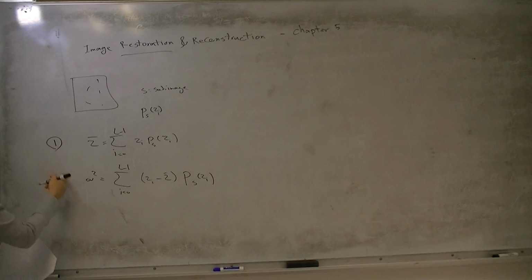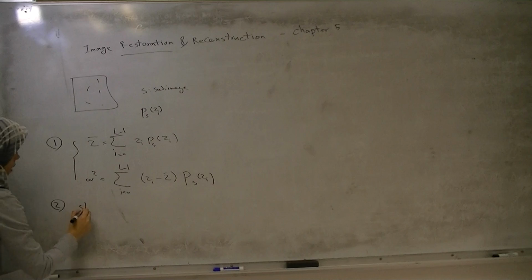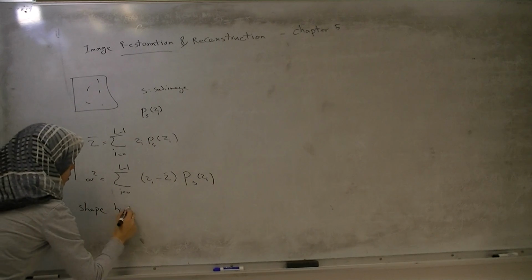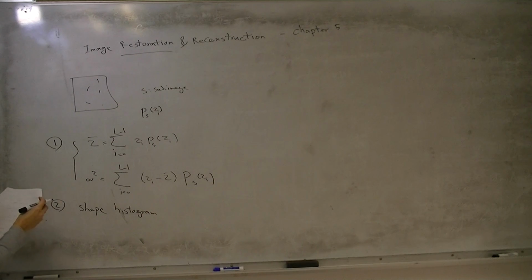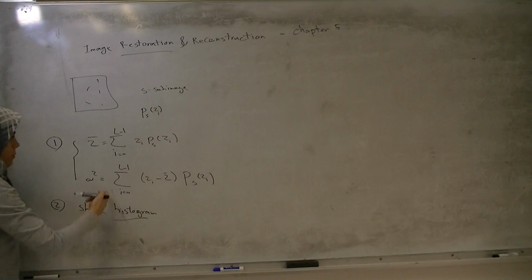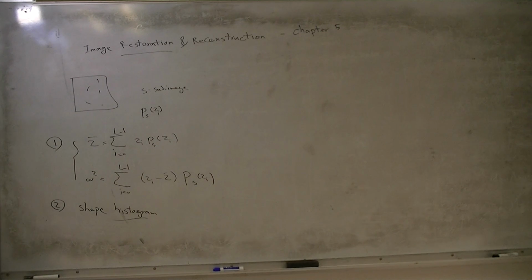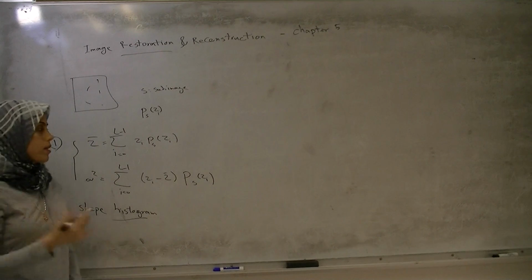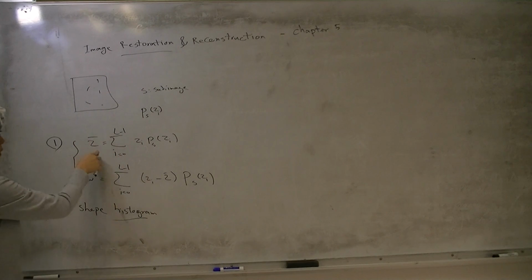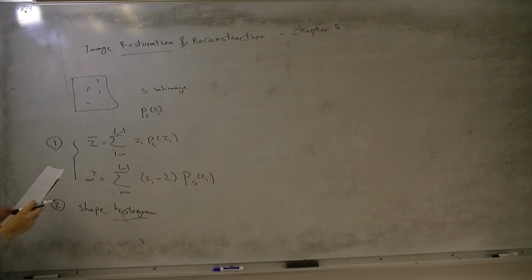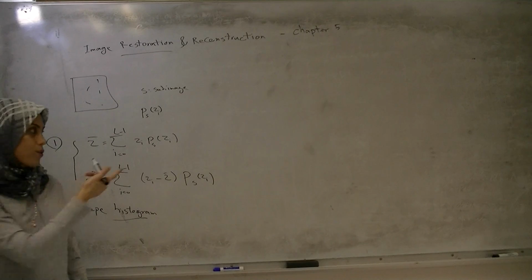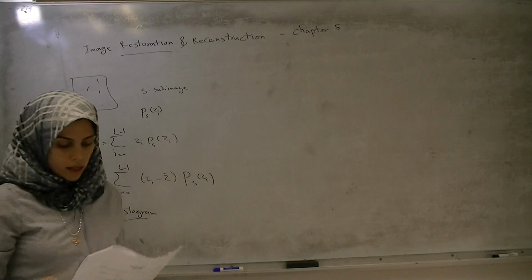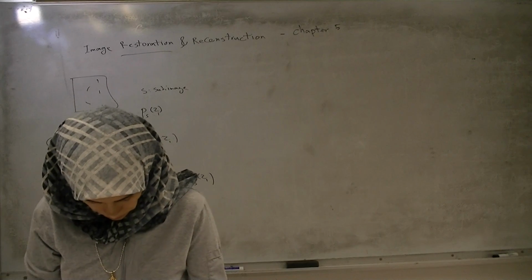So we can find these two, and also we have the shape of the histogram, and we can easily find the parameters of these. If some of the noises have A and B parameters, after finding the mean and variance, we can find A and B. And also for the salt and pepper, we have PA and PB from the histogram, and we can easily find those polarities.